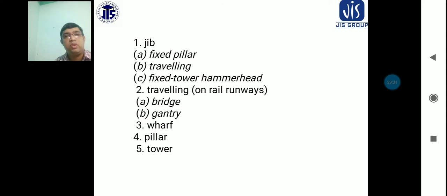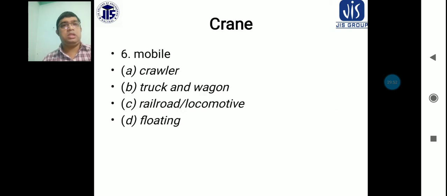Then you have to use tower type cranes. With tower type cranes, materials are transferred in the proper way, and there is no wastage of materials in the transfer from the ground floor to the required floors. So you have to use the tower type of crane.